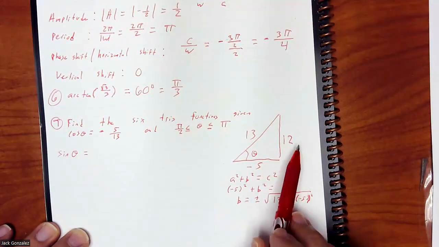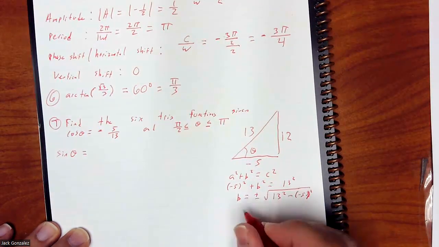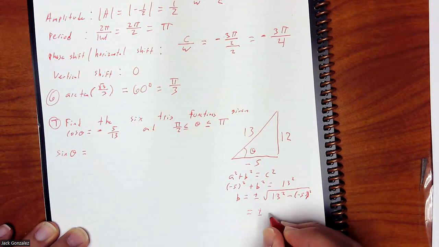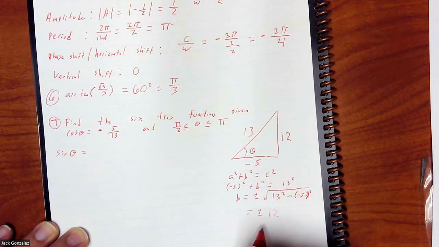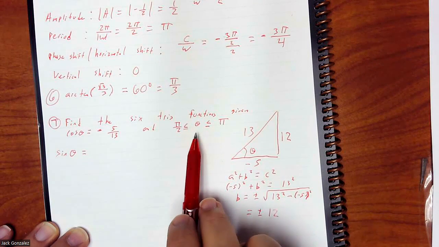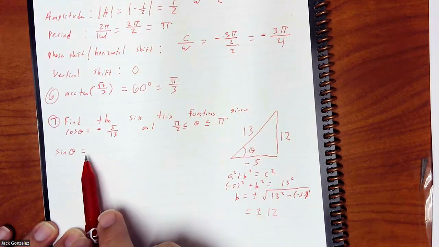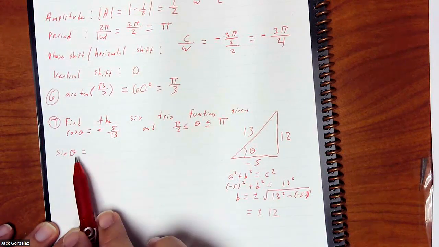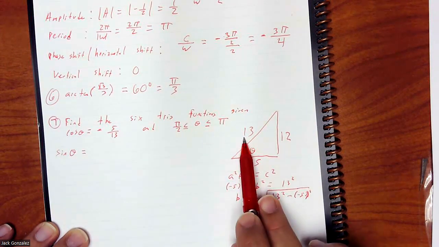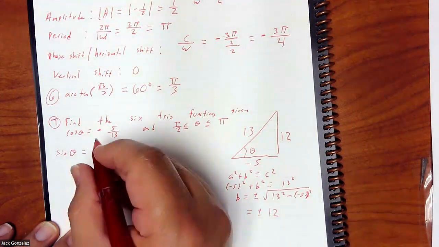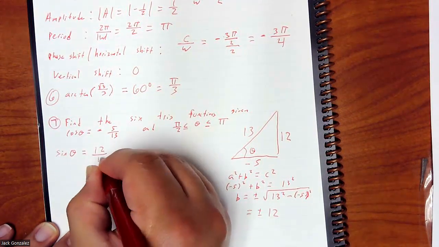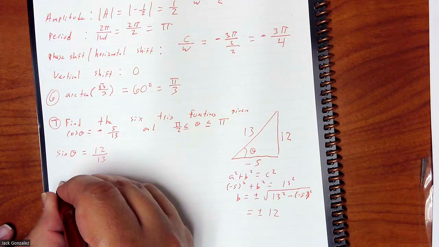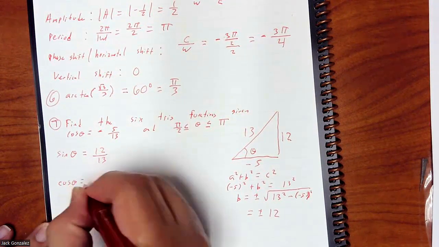So now that I have the pieces, 12 needs to be positive, right? Because it's going to come out as plus or minus 12. You choose plus because of this quadrant. So now you find your 6 trig functions. Sine is going to be opposite over hypotenuse. Cosine, well, we have it.